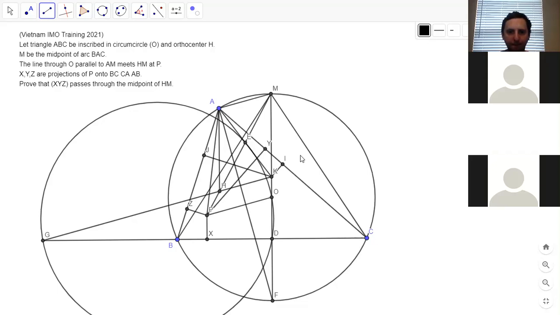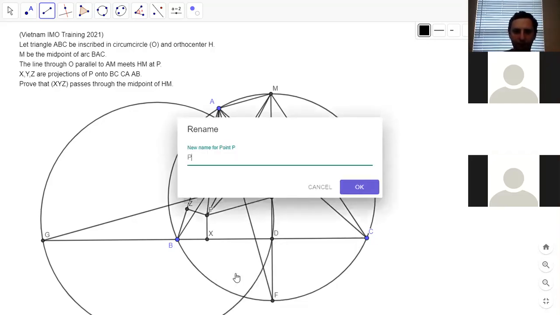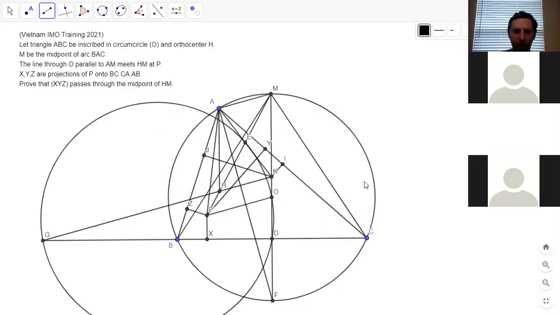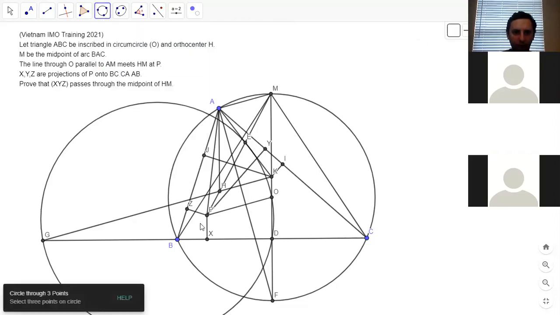Okay. So I'm just going to leave the names the same. So if we did that, let's call it P prime. So then we would know they have the same pedal circle.